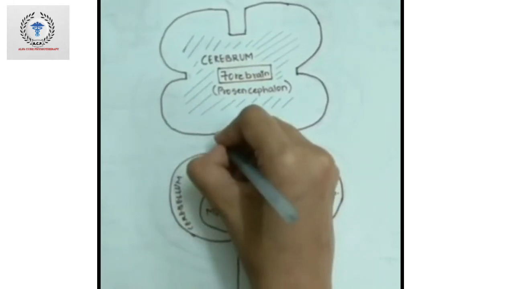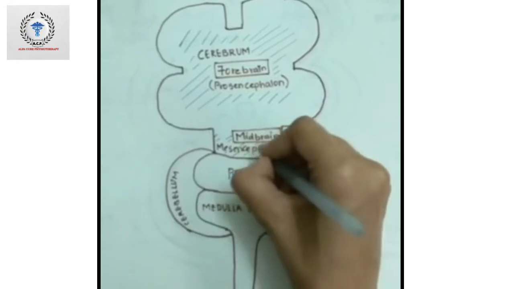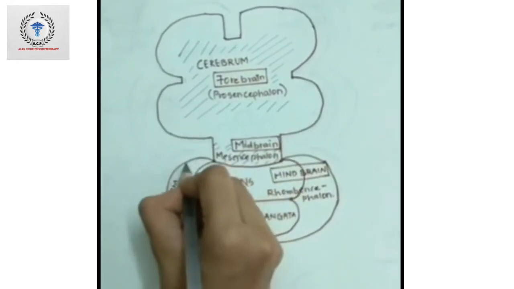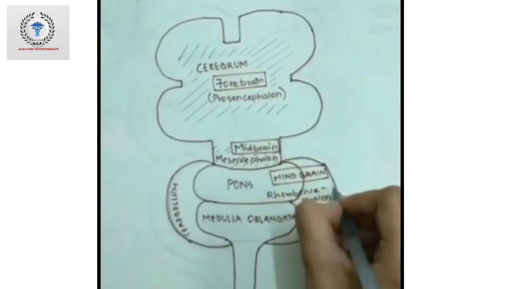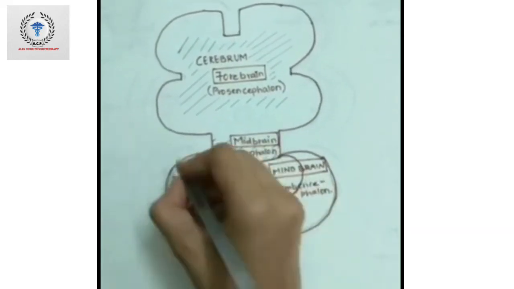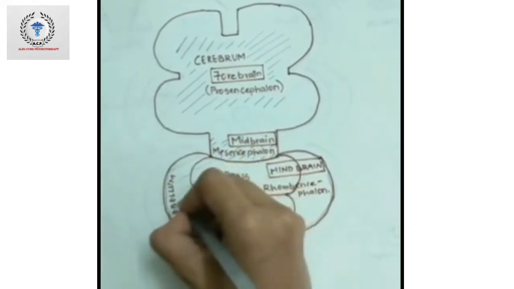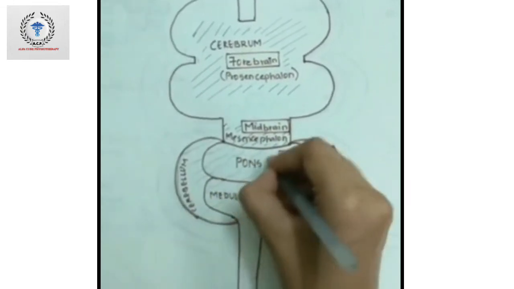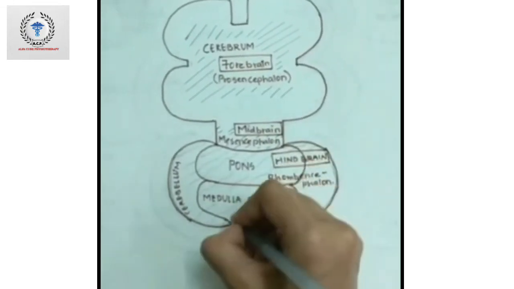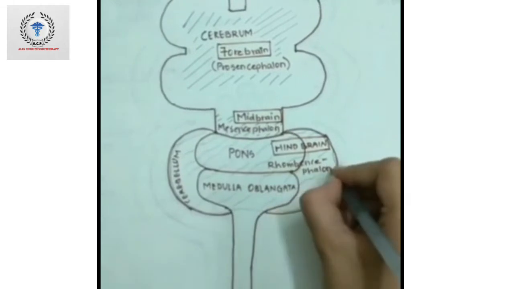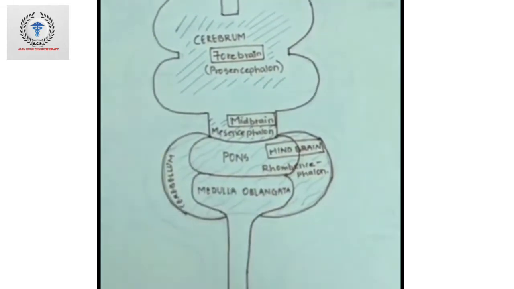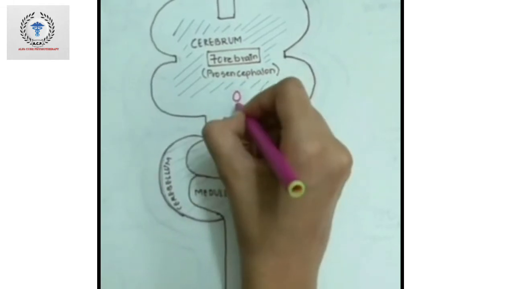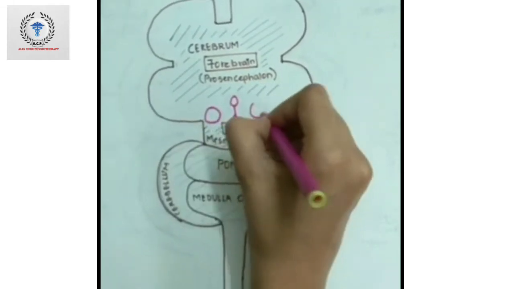Midbrain or the mesencephalon includes crus cerebri, substantia nigra, tegmentum and the tectum. Hindbrain is divided into metencephalon and myelencephalon. Metencephalon is pons and the cerebellum and myelencephalon is medulla oblongata. Further, the forebrain is divided into two parts, that is diencephalon and telencephalon.